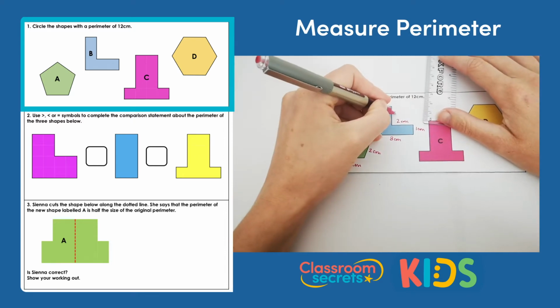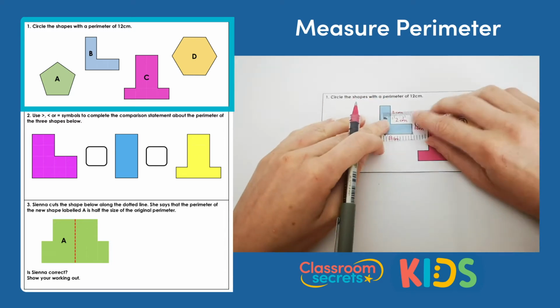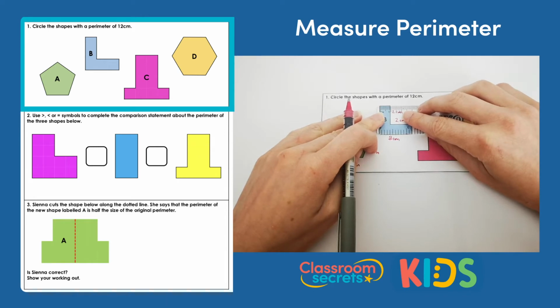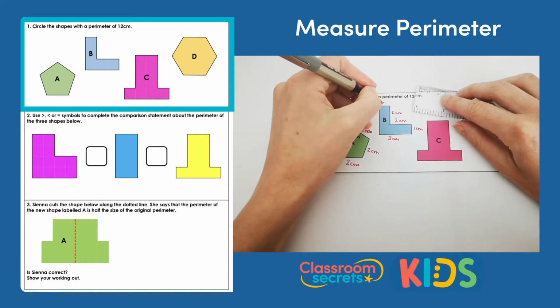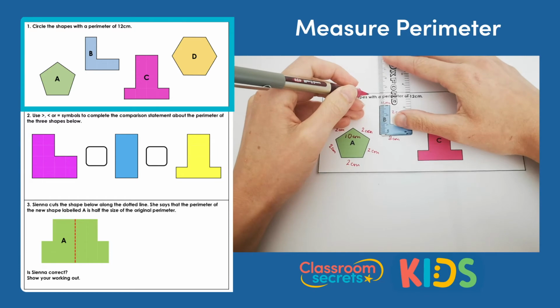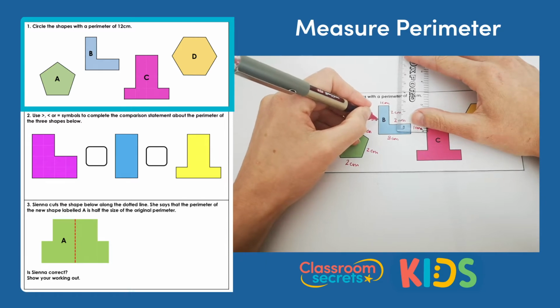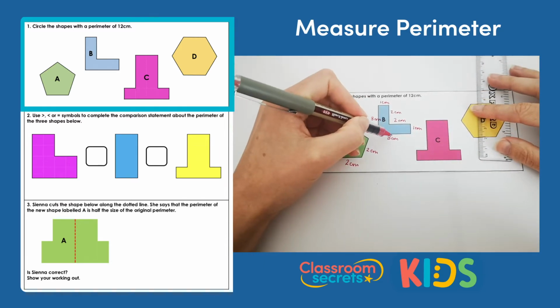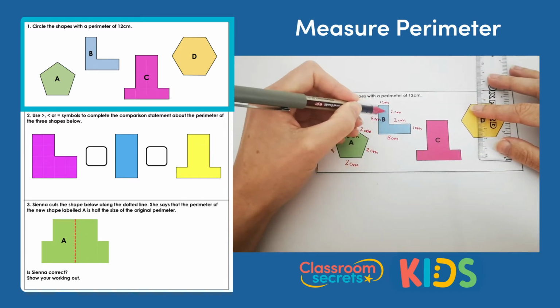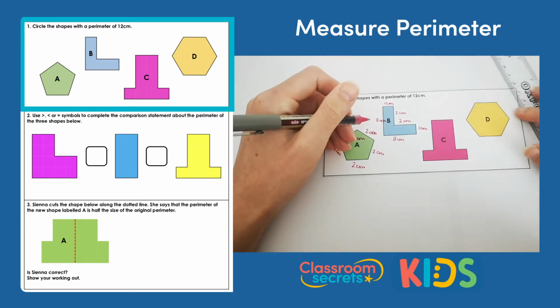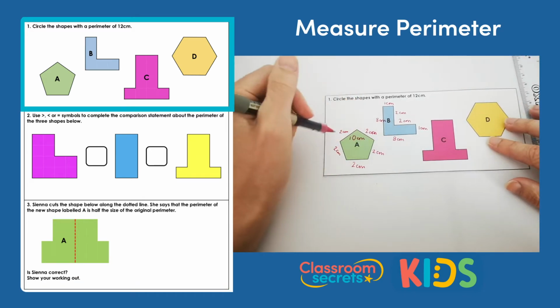That's 2 centimetres. That's 1 centimetre. And that one is 3 centimetres. Let's check that I've done every one. That one, that one, that one, that one, and that one. I have, so now I can add everything together.